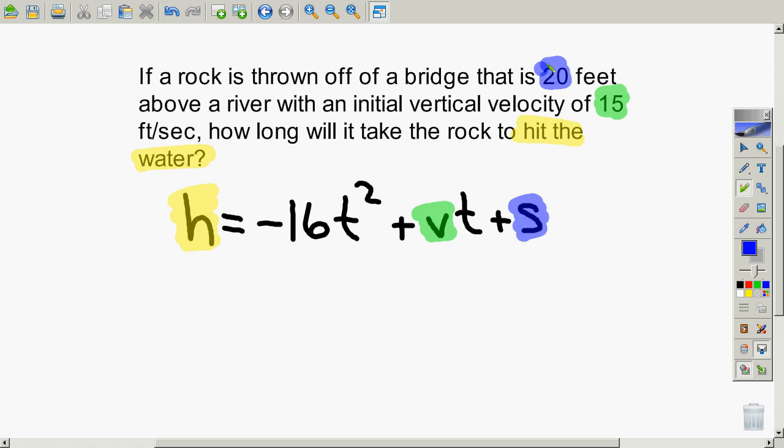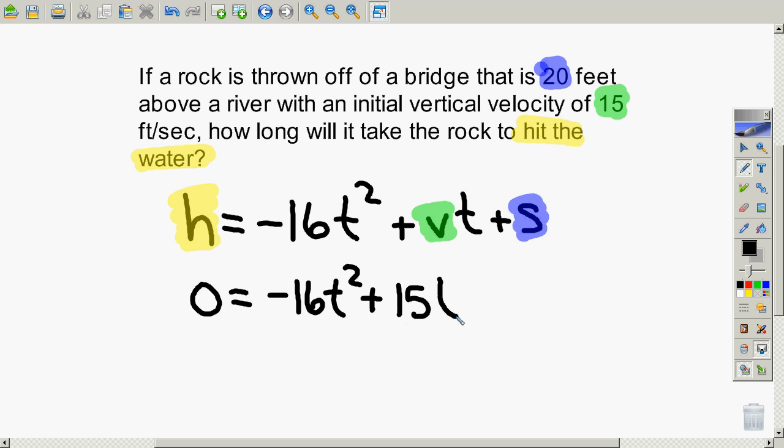All right, so we're going to plug those things in and then just solve the equation. Well, since h is the ending height when it hits the water, it must be 0. Negative 16t squared plus our initial velocity is 15. We don't know how long it's going to take again, and it starts at 20.